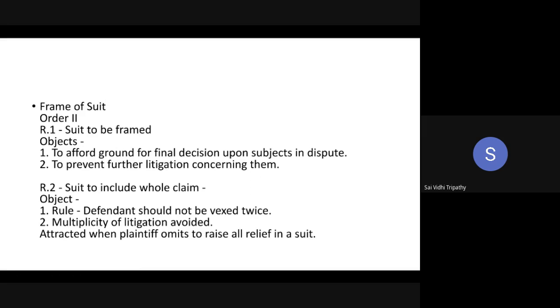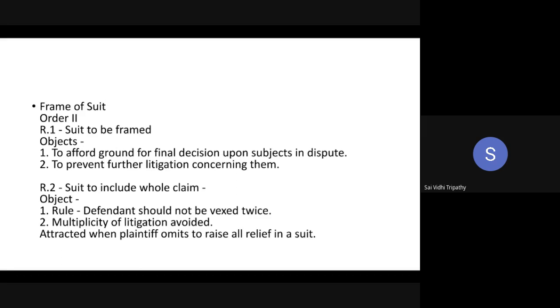One of our friends actually asked this question, what is the difference between res judicata and the principle that the defendant should not be vexed twice, so we'll discuss that later. Now coming to the object of this rule, that is that the defendant should not be vexed twice and the multiplicity of litigation should be avoided as well, and it is attracted when the plaintiff omits to raise all the reliefs that he has in a suit.